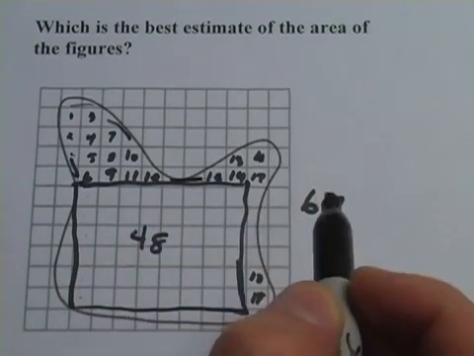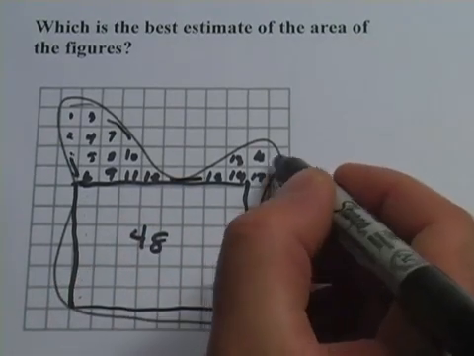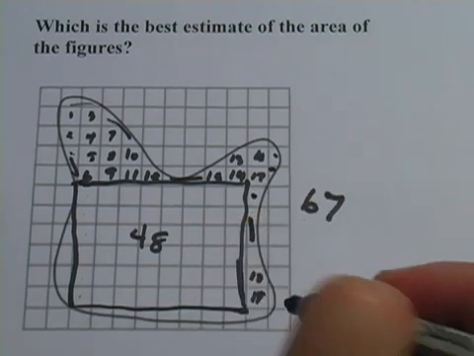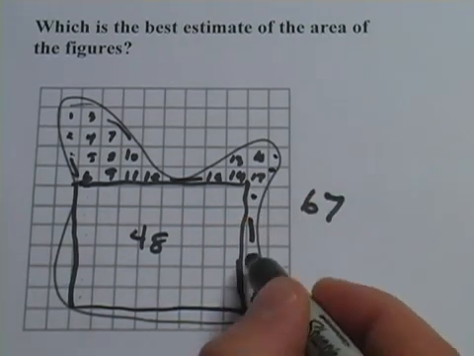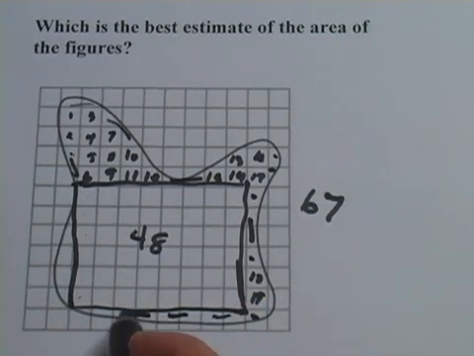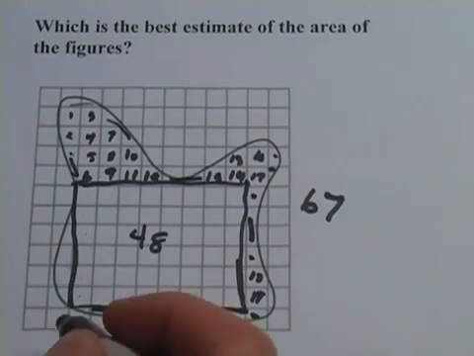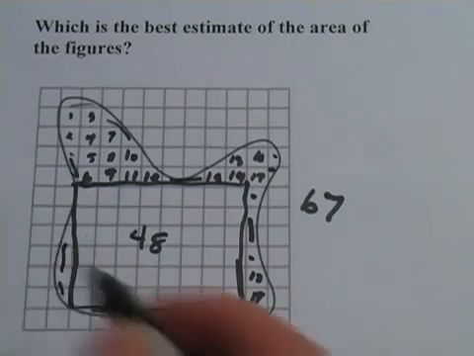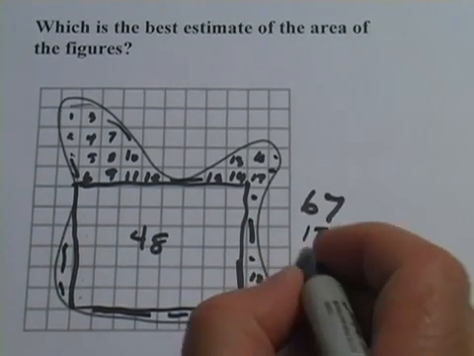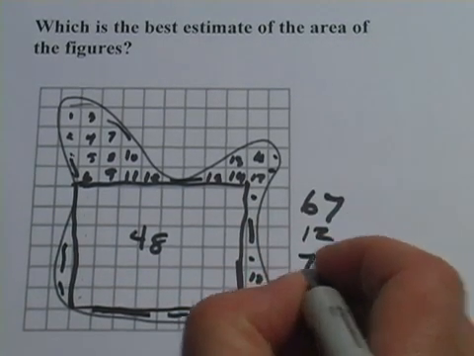Well, 4, and maybe this one and this one would be 5, 6, this one and this one would be 7, 8, 9, and maybe these 3 would be 10, 11, 12, so maybe about 12 more. So 67 plus 12 would be 79.